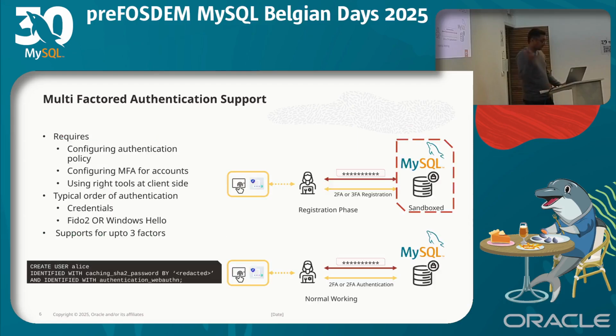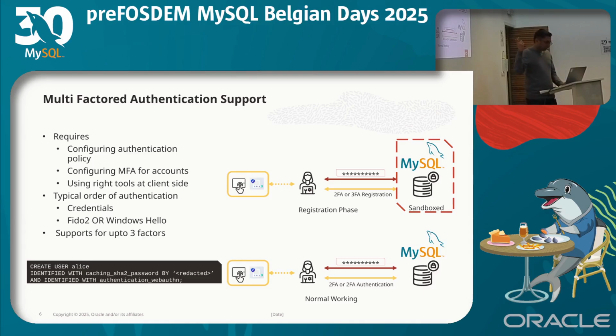It requires three things. It requires configuring authentication policy. By the way, authentication policy replaces the default authentication plugin variable, and it allows you to configure the server to use certain plugins, certain factors, and how you want to enforce those policies.